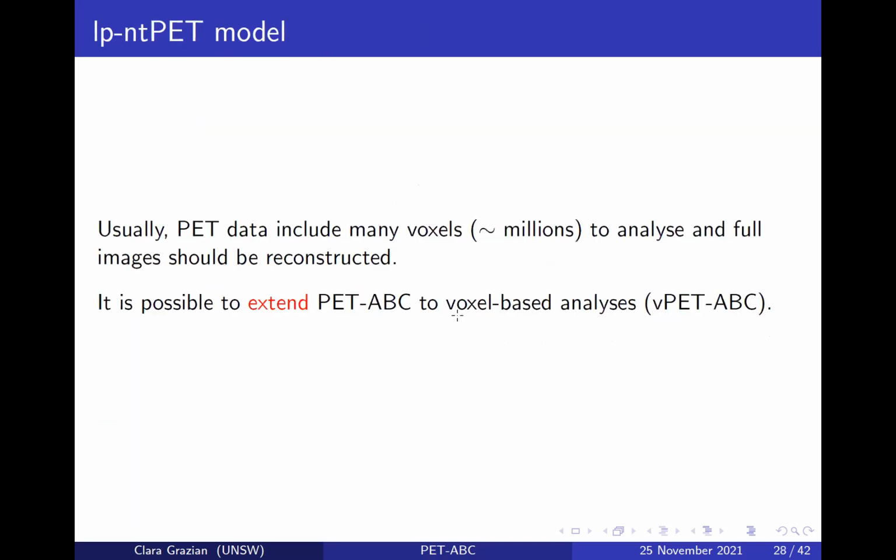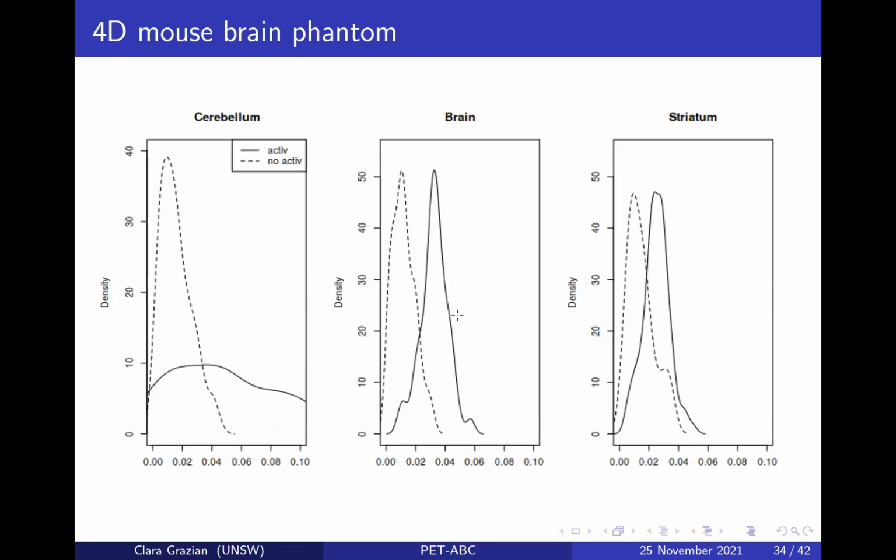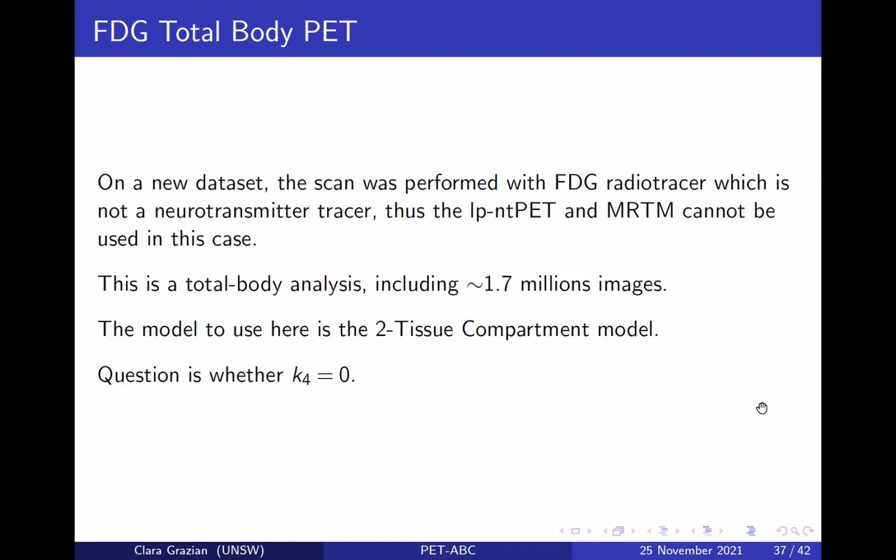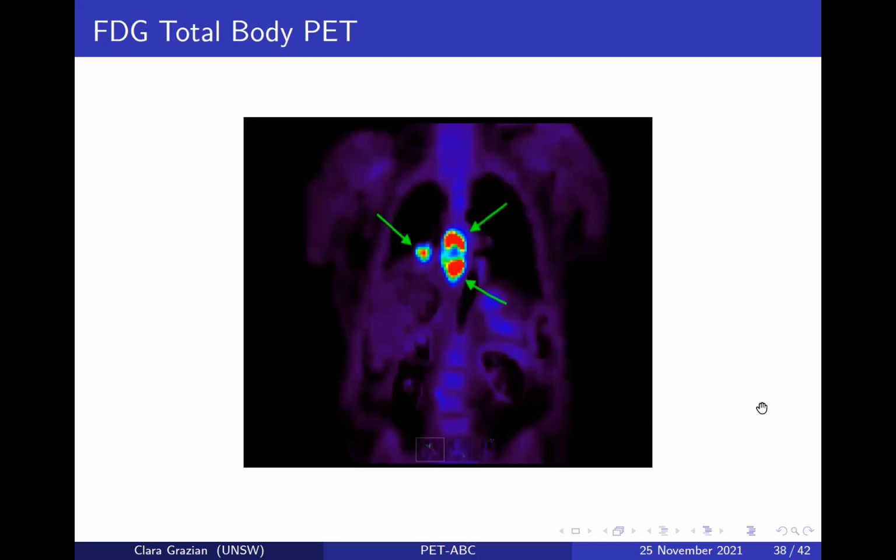So we used PET ABC to perform an analysis similar to this for all the voxels. And what we actually found was that we were able to represent the choice of the model together with the estimation of K4 was informative on the area where cancer was, and also on the different tissues within the same cancer.